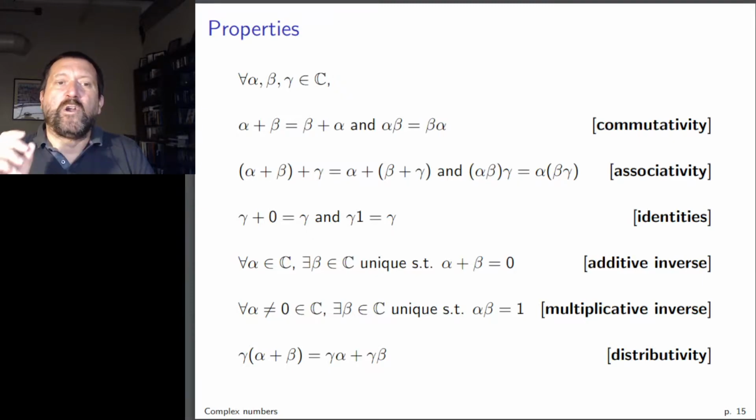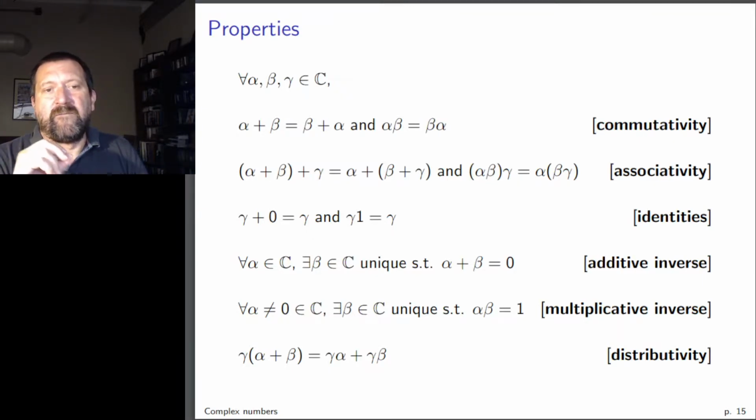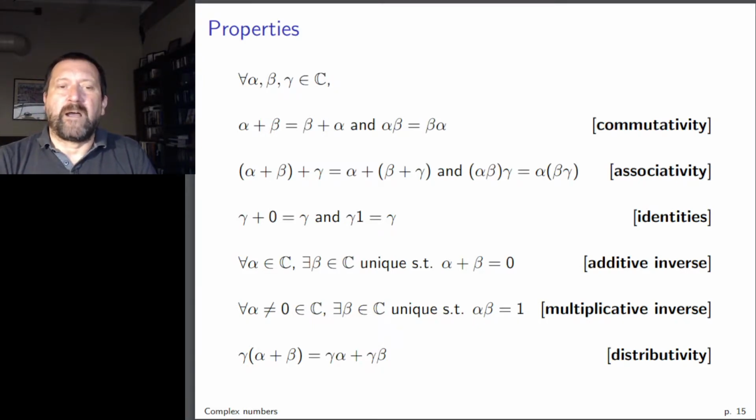So for any alpha non-zero, there is a unique beta in C such that the product is equal to 1. And finally, multiplication of complex numbers is distributive over addition. That means gamma times alpha plus beta is equal to gamma alpha plus gamma beta.